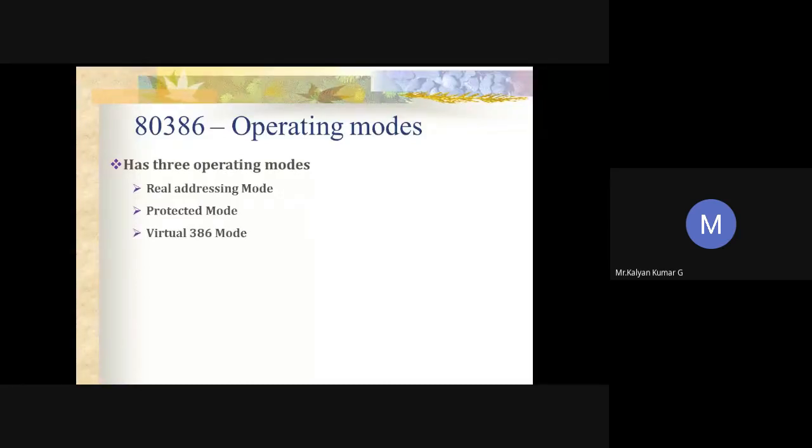Let me explain. In case of the virtual mode of operation, 8086 mode provides the advantage of executing your 8086 programs, although the 80386 processor is in protected mode. That is the only difference here.